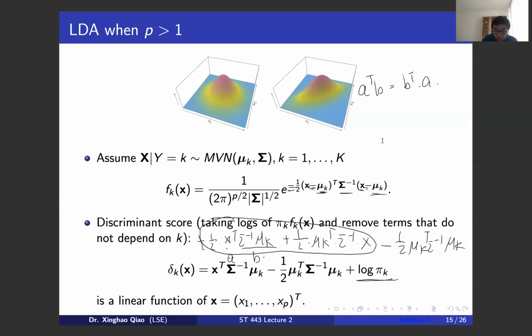You treat x to be A and sigma inverse times mu k to be B, and by applying this formula, you find that the first two terms are the same because sigma is symmetric, so sigma inverse is also symmetric.